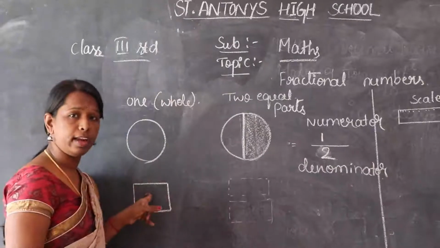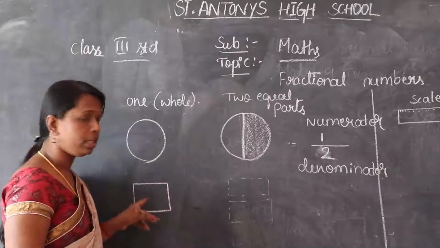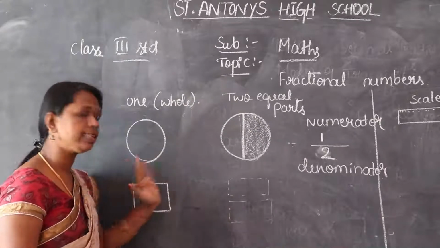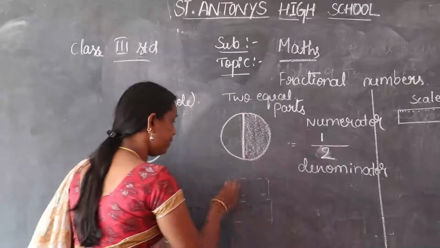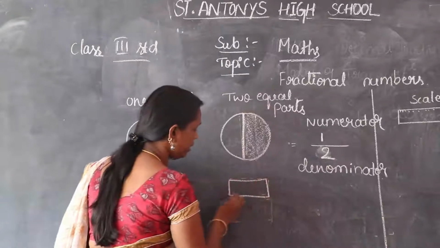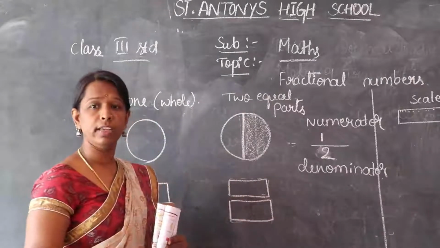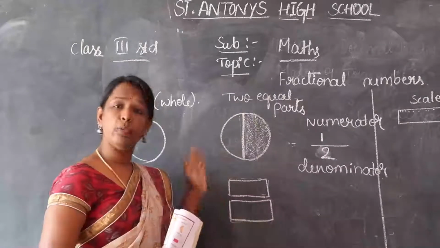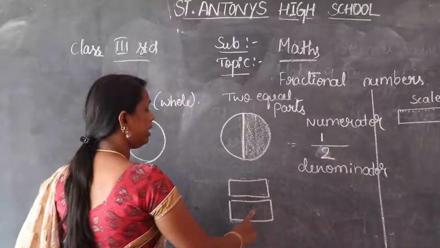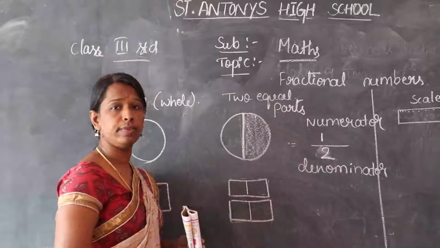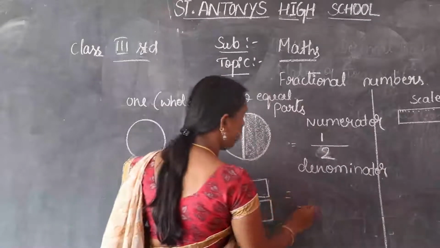Here this is a page. This square, or page, is also a whole, and it is cut into two equal parts. See children, it is cut into two equal parts. How many parts are there? We can call it half, but if it is cut into 4 equal parts, the denominator is 4.